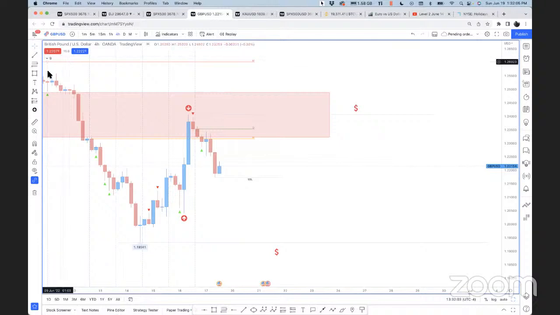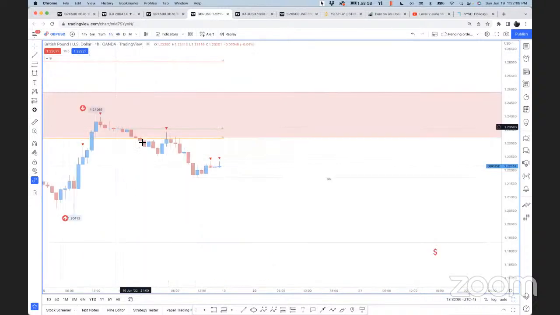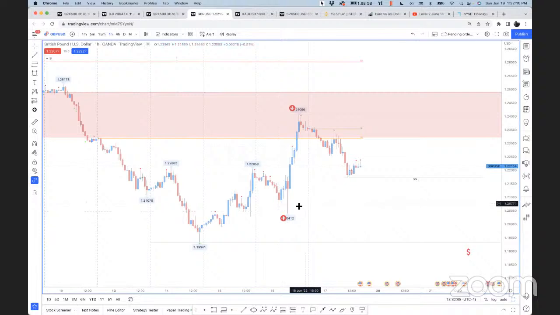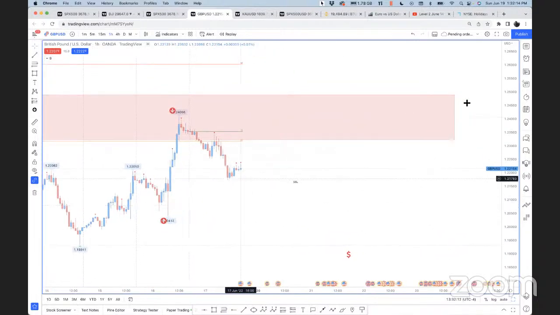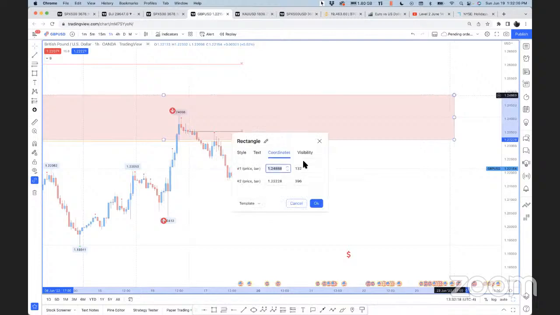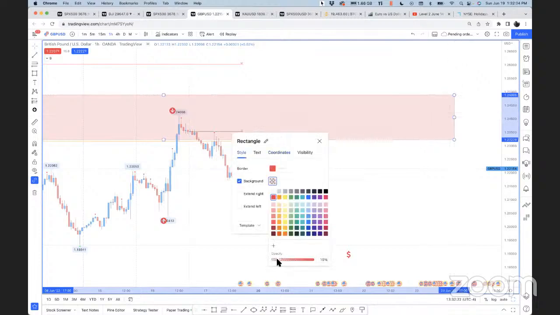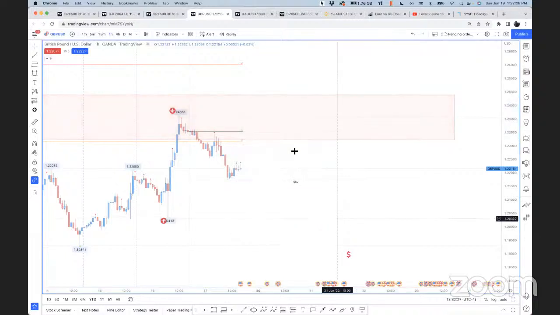On the 4-hour, 1 hour, what do we look like over here? Pretty much lining up with the 4-hour. Nothing different. I'm going to lighten this up a little bit. We'll go ahead and label this.